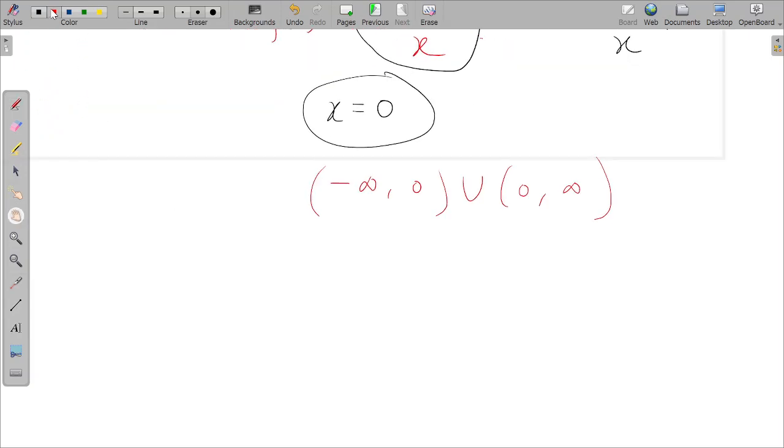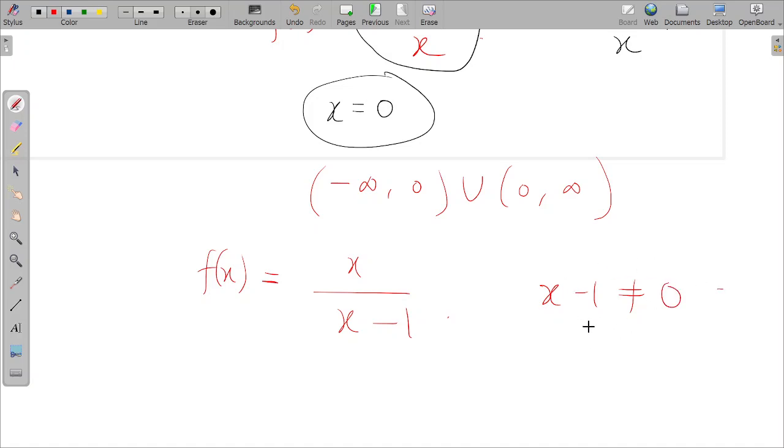Sometimes the function we are given is like this. Let's say we have something like this. You will see again, we don't want the denominator to be 0. So that means x minus 1 must not be equal to 0.